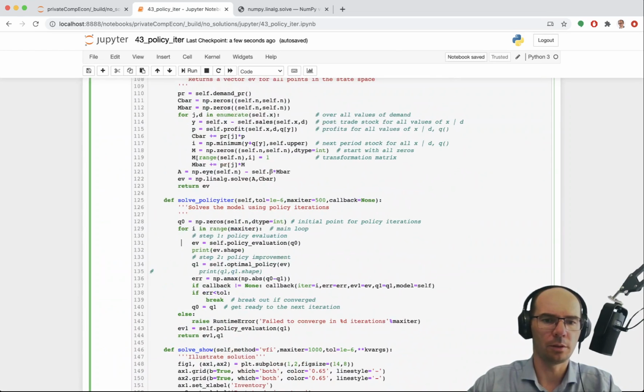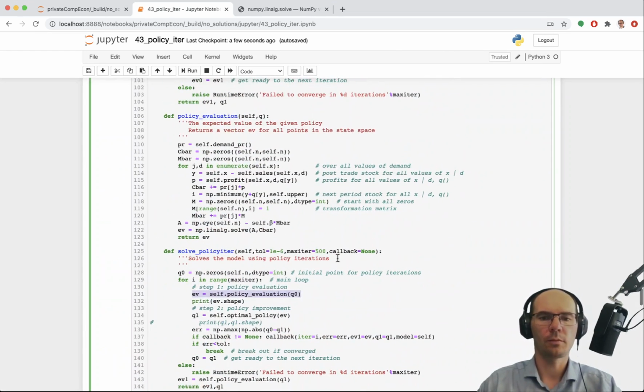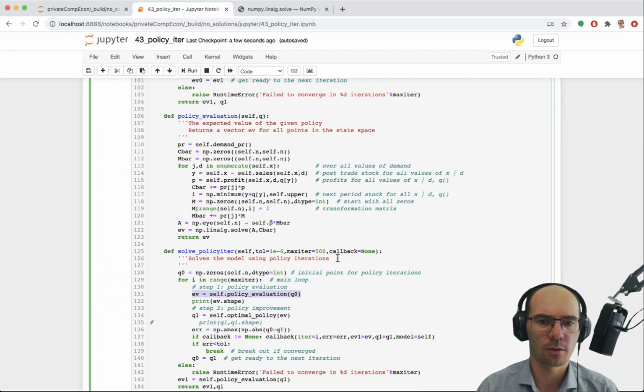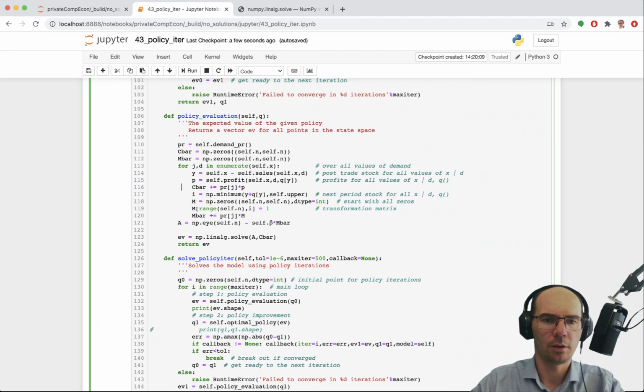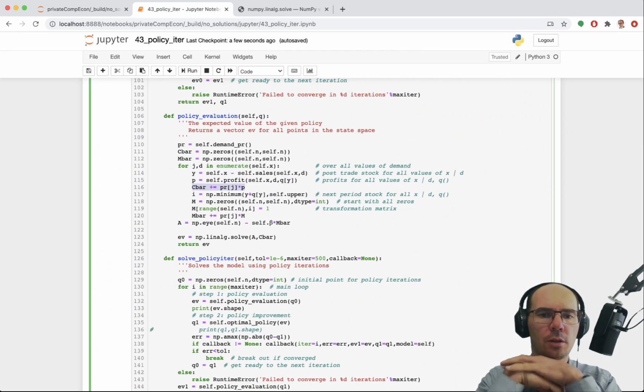Because the expected values should be just defined as a function of one variable x. So it should only have, it should be just a vector. So it must be that C bar is a matrix. Why is C bar a matrix?